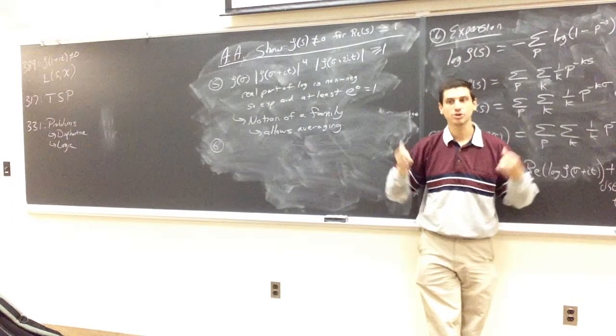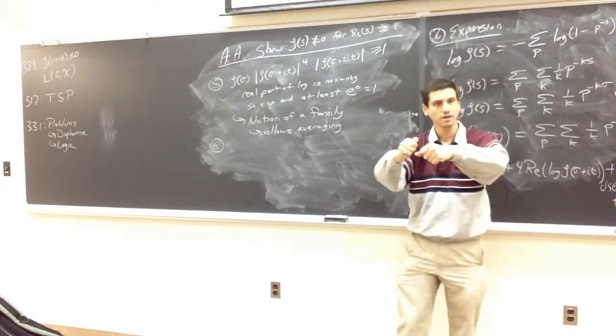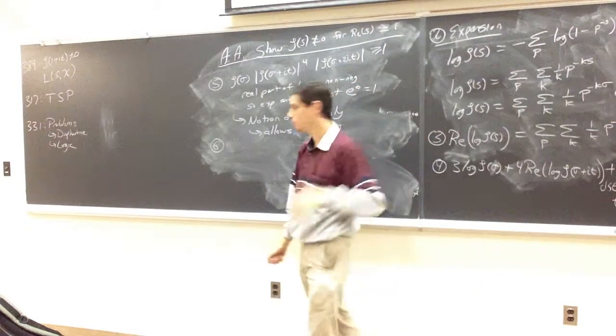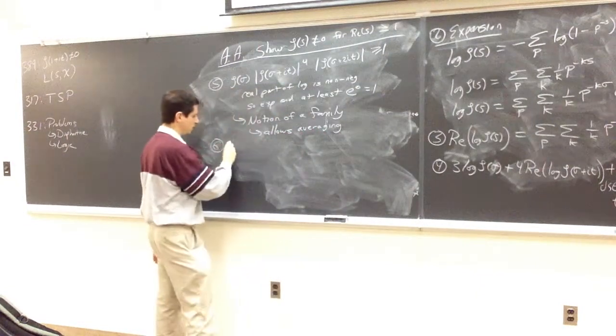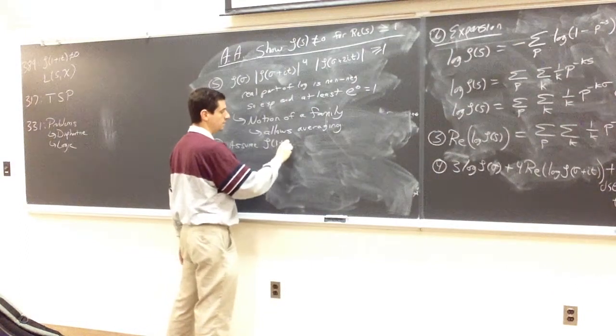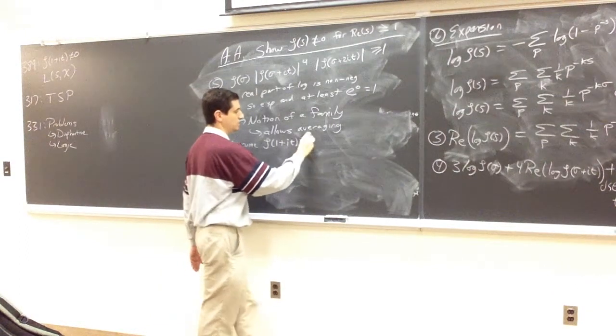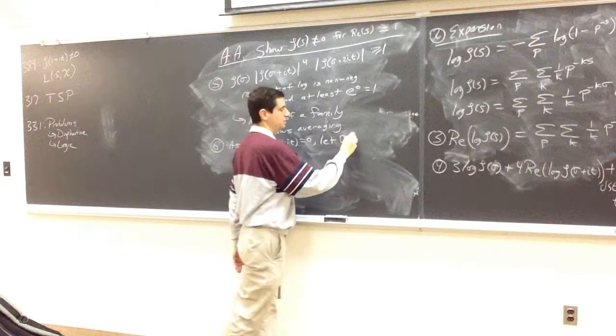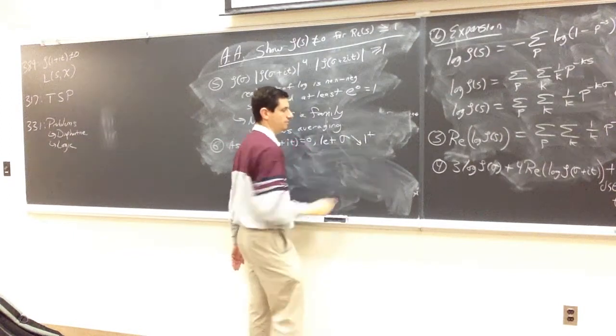Now what we're going to do is let sigma go down to 1, and we're going to choose our height to be the height where there's a 0. So assume zeta of 1 plus it equals 0. Let sigma go down to 1 from above.